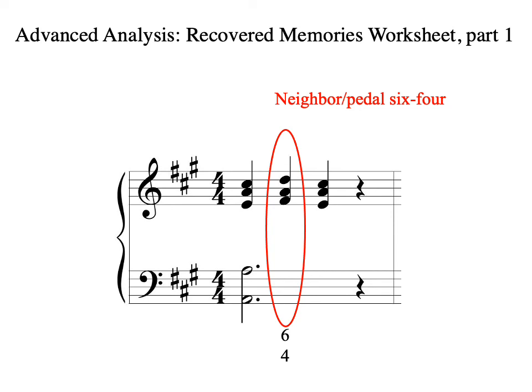It's probably the most common 6/4 chord on the planet because of how often they like to use it in country songs. But classical composers hardly ever use it, so it's not really going to show up in anything we look at. So the ones I want you to be accountable for are cadential, passing, and neighbor 6/4 chords.